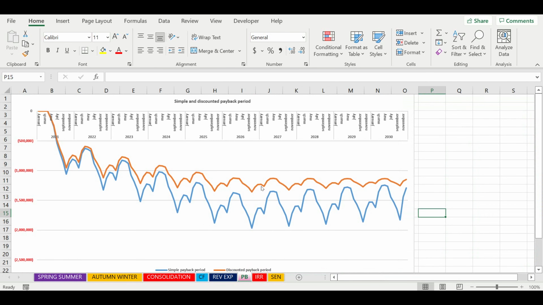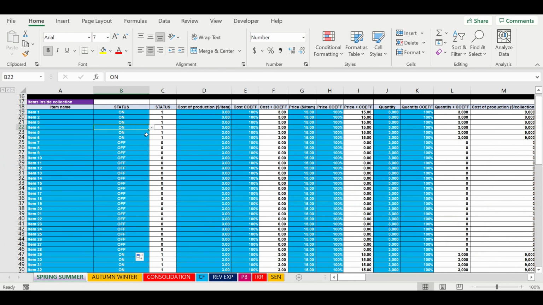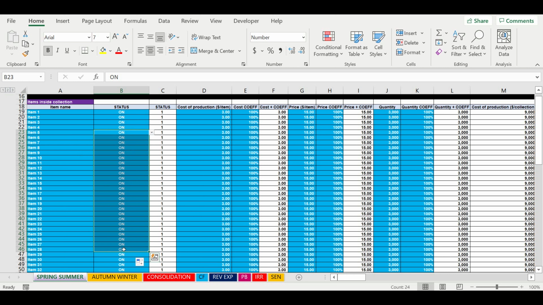And now I see how these numbers affect the financial efficiency. This is very important for any entrepreneur, to see how this or that input affects the final financial efficiency and the amount of financing needed to start the business. So you can easily switch each item on and off in the calculations of our financial model.